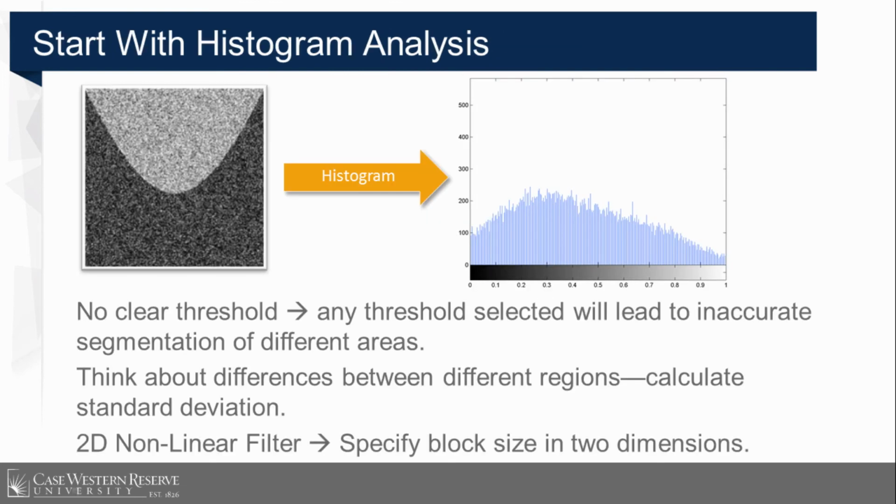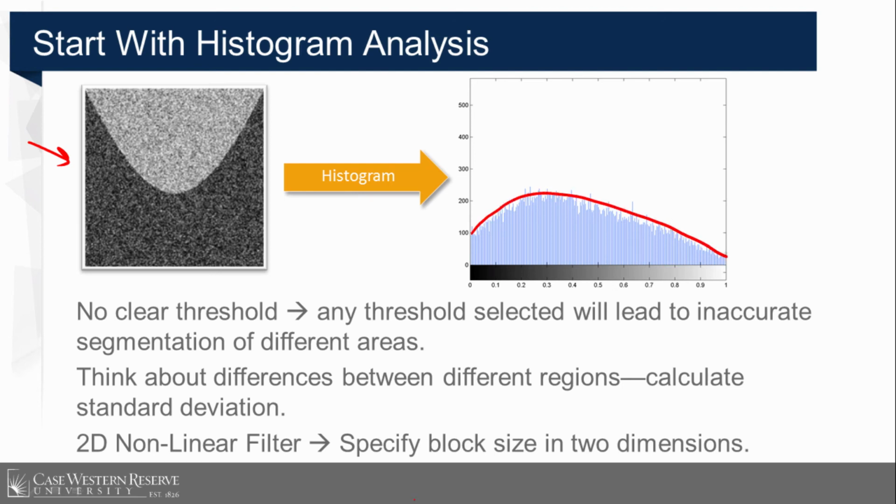Right, so I said before that a histogram analysis isn't going to allow us to determine an appropriate threshold for this image here on the left. And we'll see exactly what I mean. So if I take my image and I make a histogram of all the pixel values, exactly as I did for my brain image before, we see this histogram just has one very broad envelope in it.